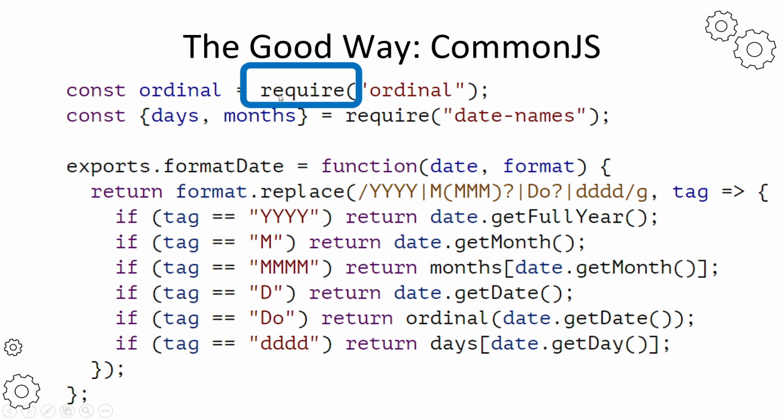As you can see here, the module ordinal is imported into our module, and it is used as ordinal, right, with this variable. And then in this function, this is the main body of our module, right? And we have one function only for this module, which is formatDate, and it is under exports, right?